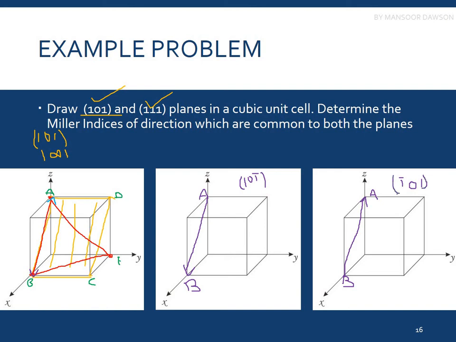So it would be -1, 0 and 1. Since these two are from the same family, you can write only one of them, which will also be correct. So this is how we determined the common direction to both the planes 111 and 101.